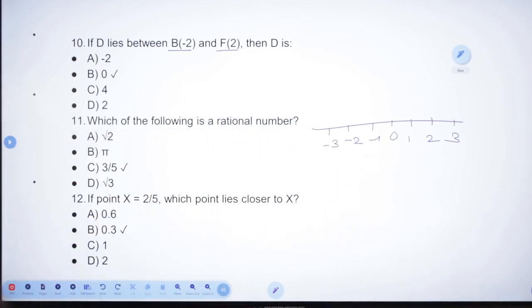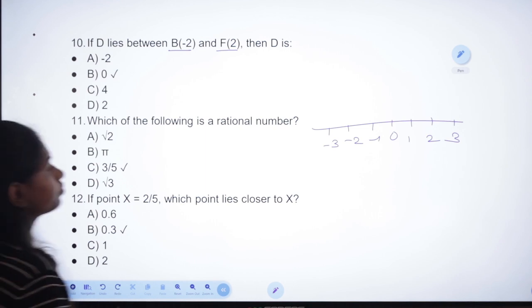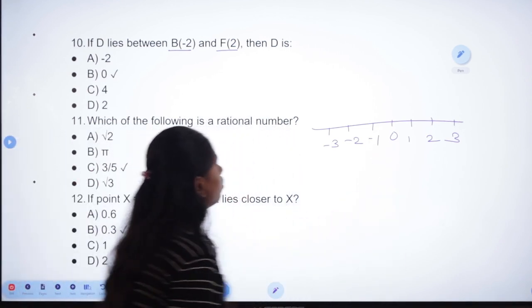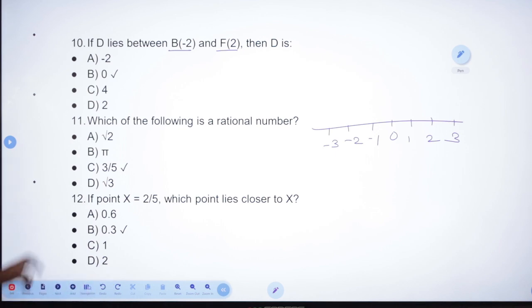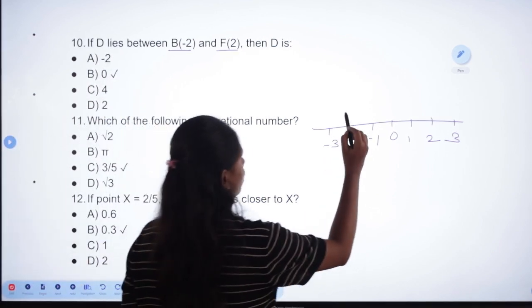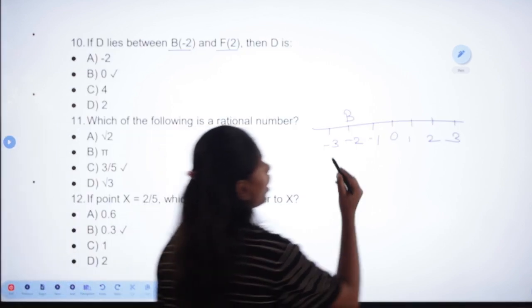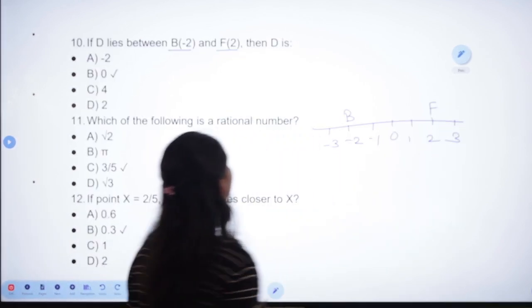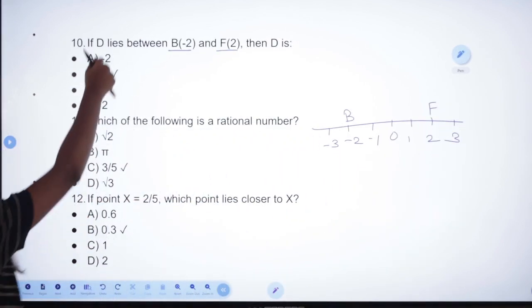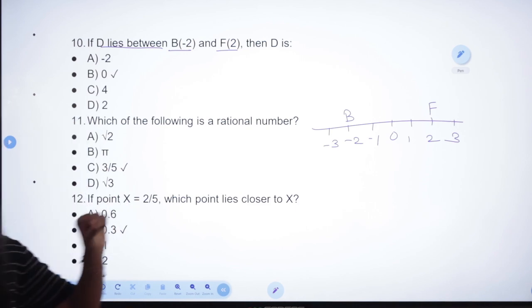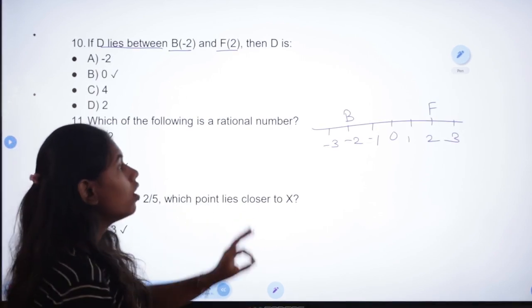Now what is given? B is -2, so name it as B, and F is 2. And D lies between them. What is meant by between? Exactly in the middle.